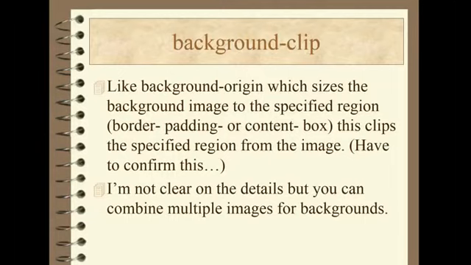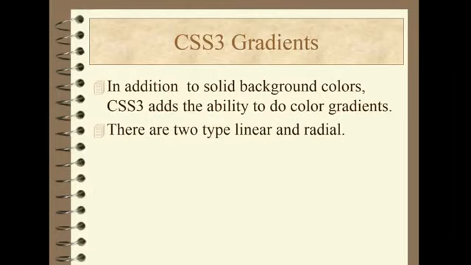Oh, okay. The background origin sizes the background image to the specified region, and then the background clip we can use to clip the specified region from the image. This is some advanced stuff that I haven't really done, so I'm not sure how all this works.